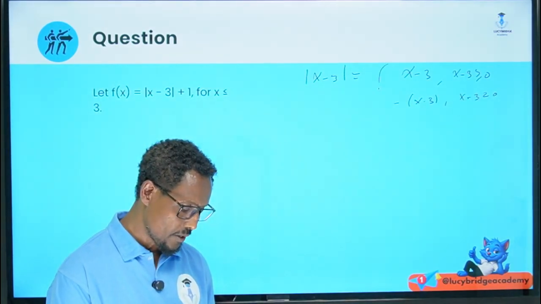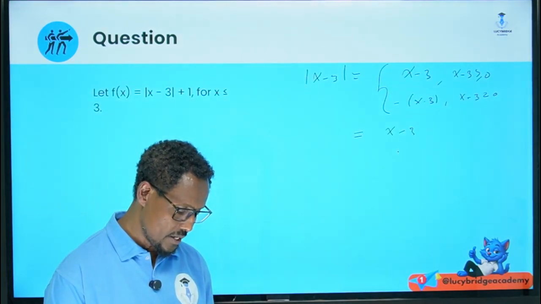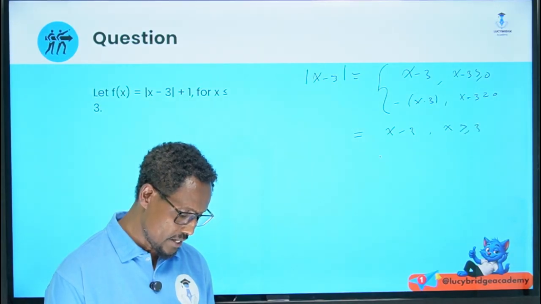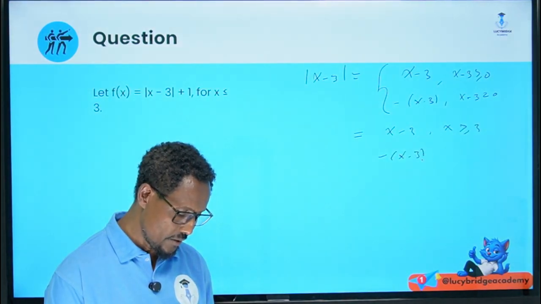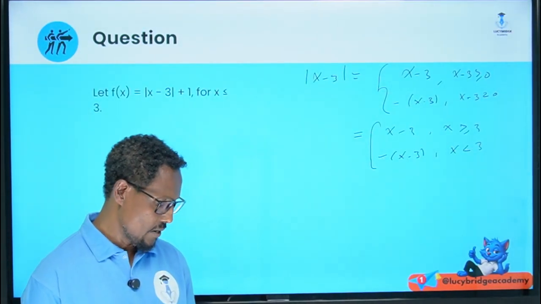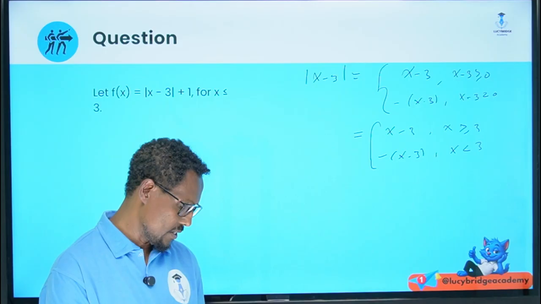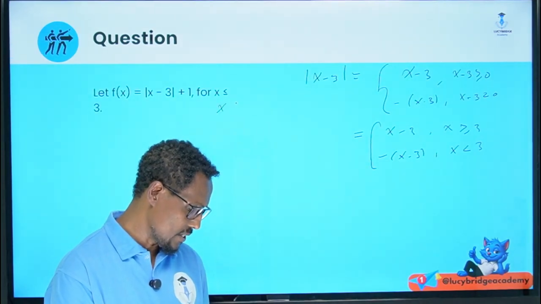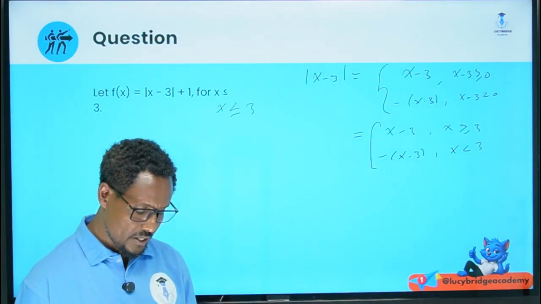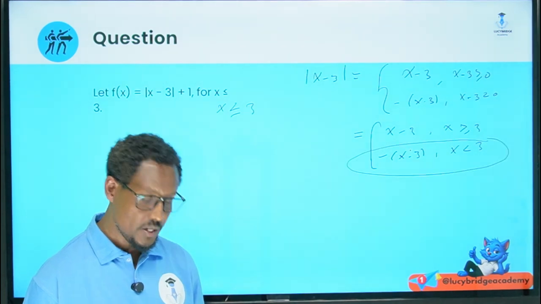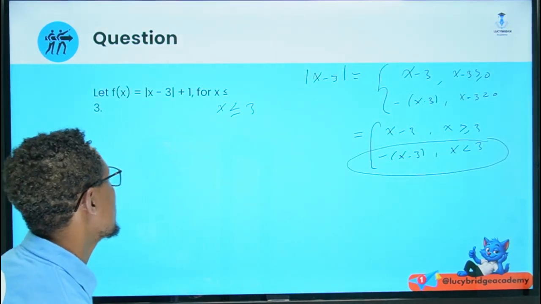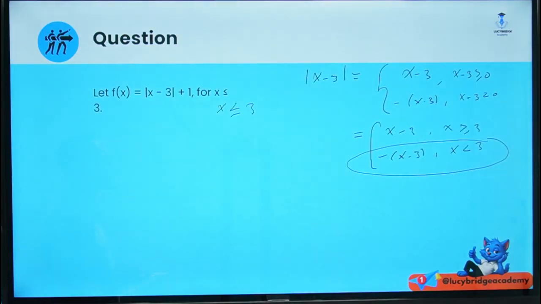So this means x minus 3 if x is greater than or equal to 3, and minus of x minus 3 if x is less than 3. Now the domain is restricted here: x is less than or equal to 3. In this case, we take this part of the given absolute value function because the domain is restricted.